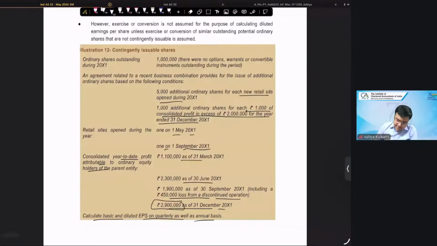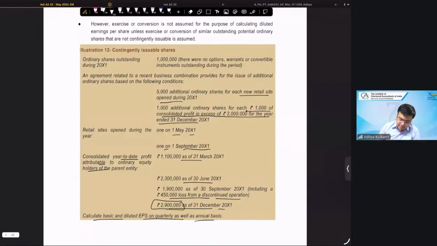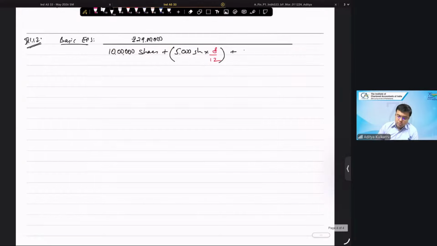Plus, you opened a store on 1st May 20x1. For that, how many shares will you get? You will get 5,000 shares. So plus 5,000 shares, which are actually there for a period of 8 months. Yes or no? Plus another 5,000 shares on September, October, November, December.